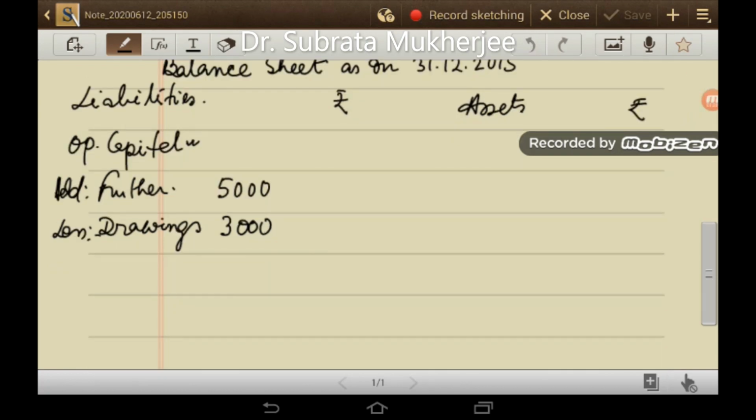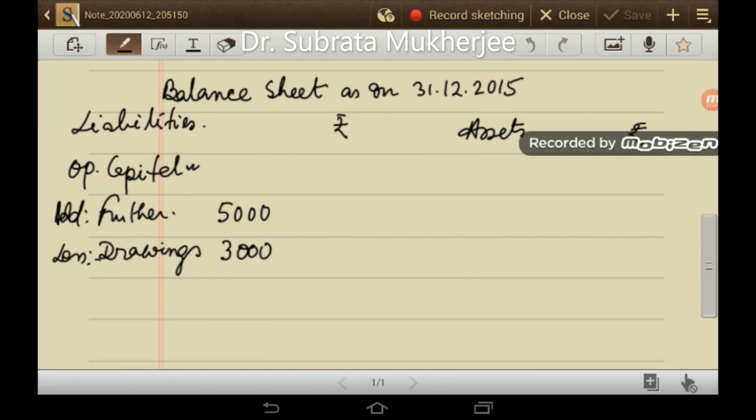The next item is the closing balance of bank, which will appear in the closing balance sheet. The bank balance is 4,000 and cash in hand is 100.